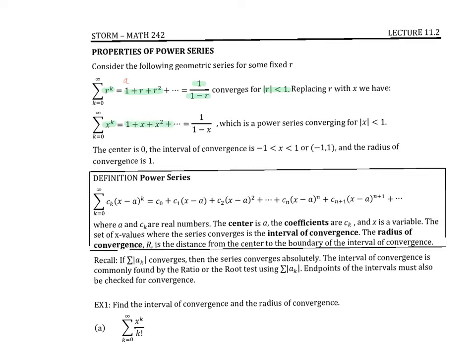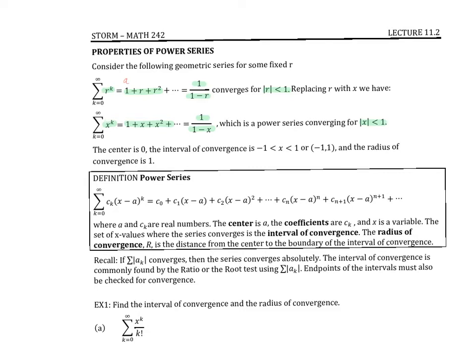It's still a geometric series. It's still going to converge to 1 over 1 minus x. However, it converges as long as the absolute value of x is less than 1. So remember, x is not constant.